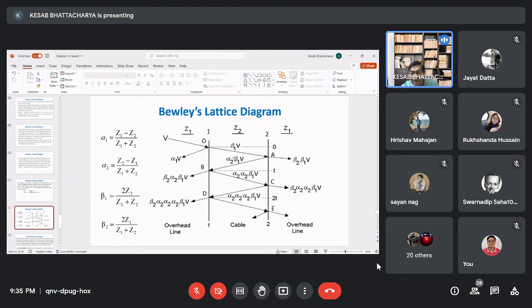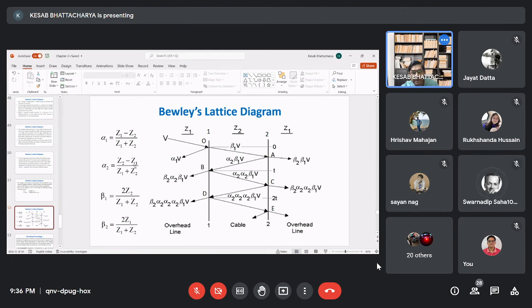But this time the reflection coefficient will not be alpha 1, but alpha 2, because it is taking place from the cable end to the line. Earlier it was from the line end to the cable. So this is alpha 1, Z1 minus Z2 by Z1 plus Z2. But here, what will be Z1? Z1 will be your Z2, and Z2 will be Z1. Do you understand this point or not?